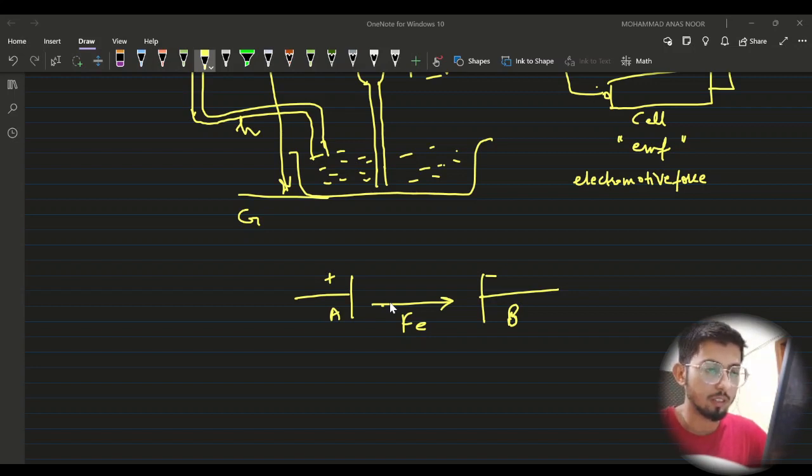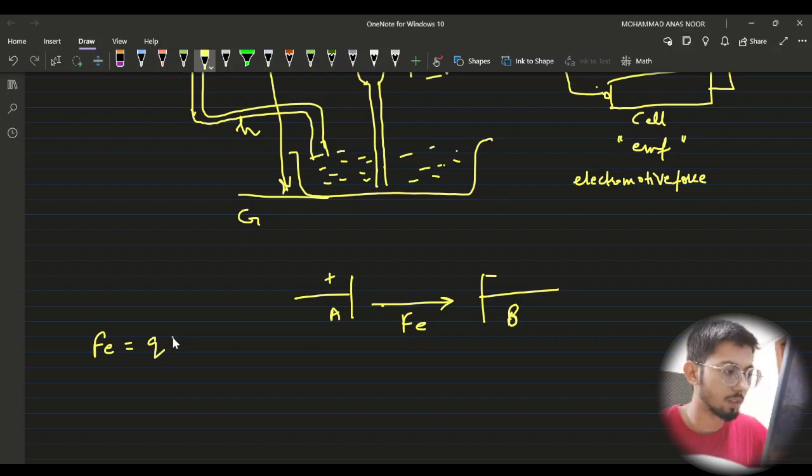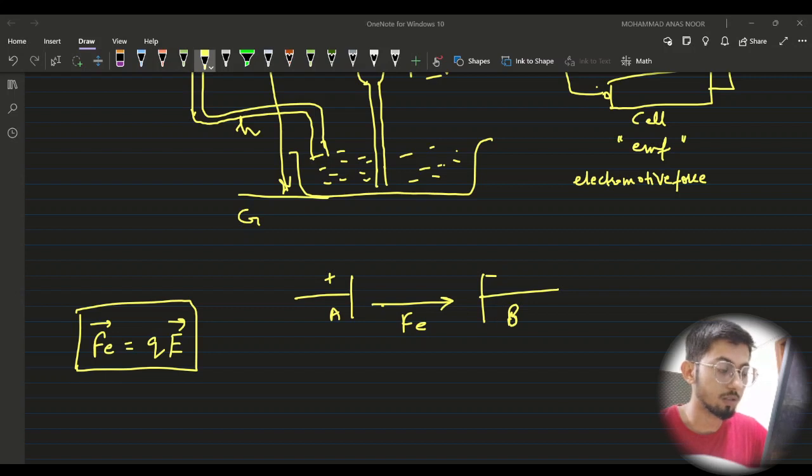That is the field of force, Fe is Q into E. This electric field was responsible for this force that caused plus and minus to accumulate here and here.